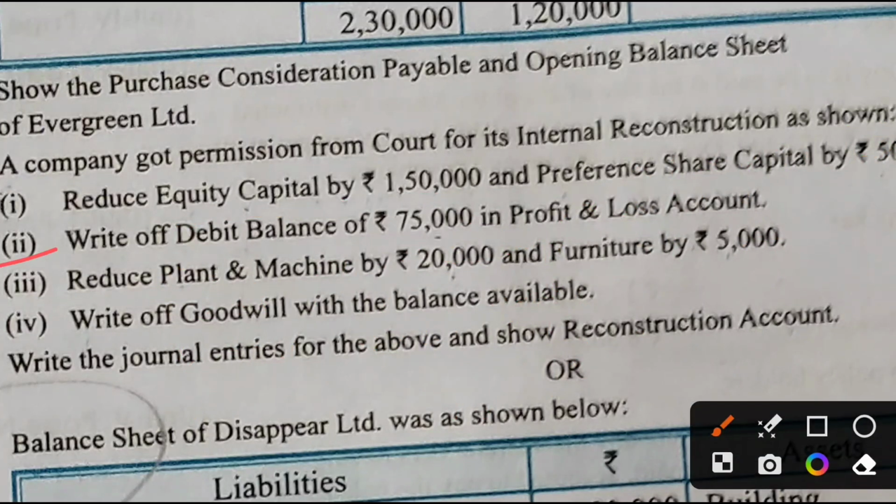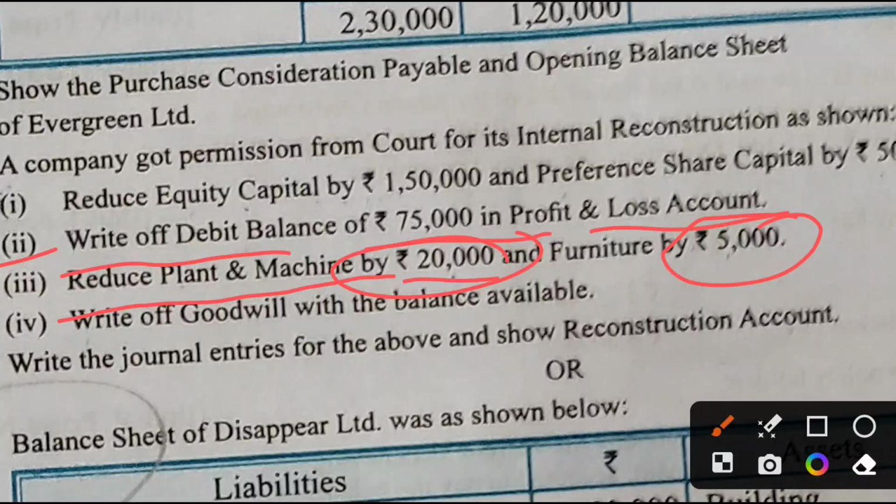Next, they are saying to write off the debit balance of the P&L account, that is the loss. Reduce plant and machinery by, and whenever they say by, that is the value they are going to reduce. Furniture by rupees 5,000, so furniture will reduce by 5,000.